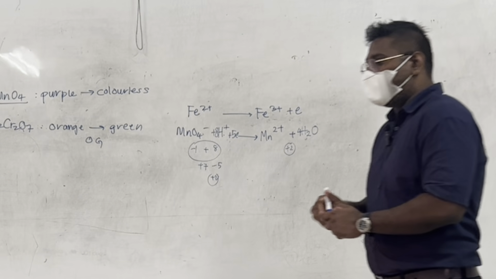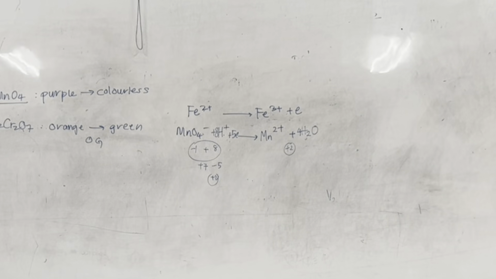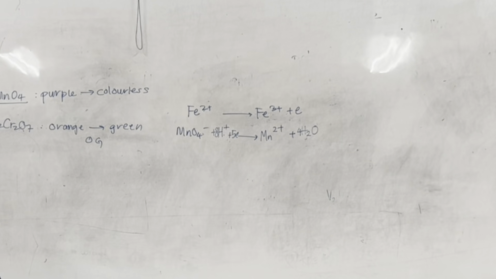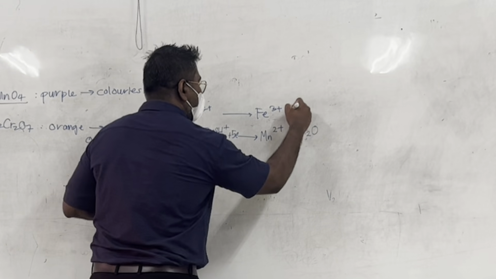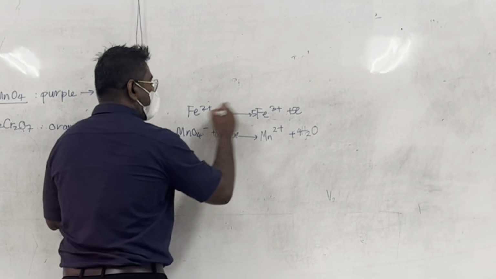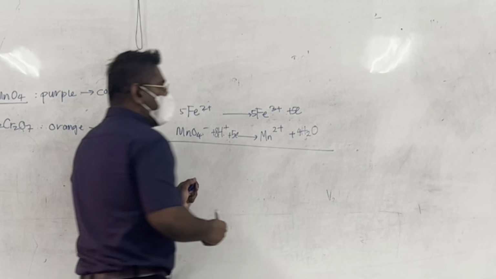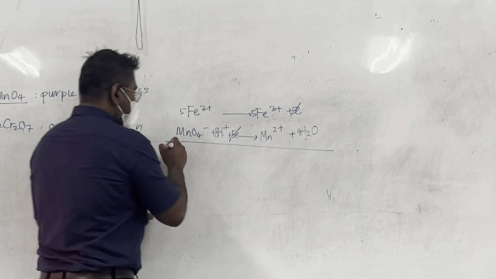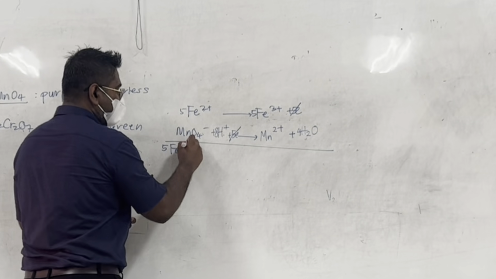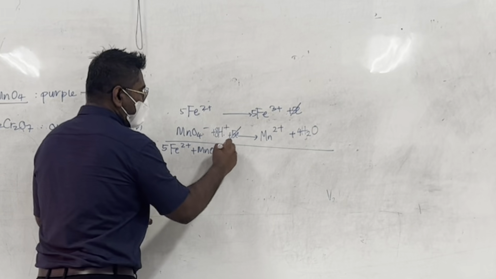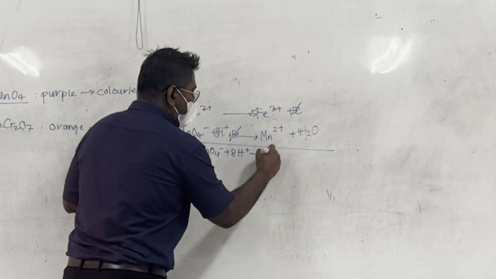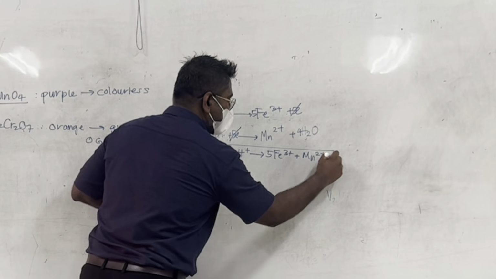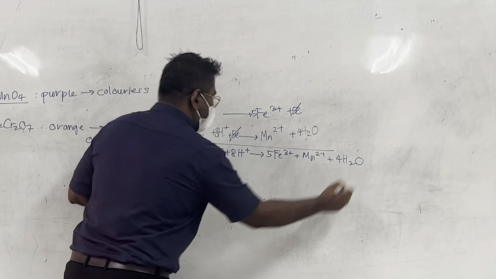Once you have done that, you just need to eliminate the electron, by times by 5 here. When you add, the 5 electrons cancel, left and right. So you have 5Fe2+ + MnO4- + 8H+ → 5Fe3+ + Mn2+ + 4H2O.